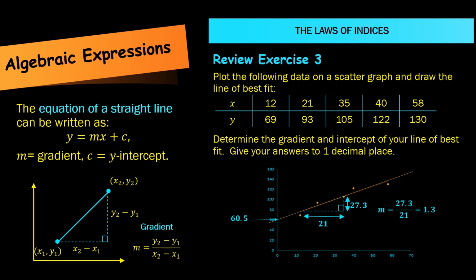Therefore, the gradient is equal to 27.3 over 21, which equals 1.3. So we now have the gradient and the y-intercept. And therefore, the equation of the straight line is y equals 1.3x plus 60.5.